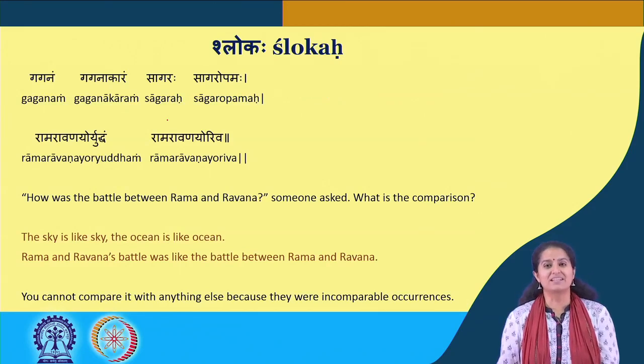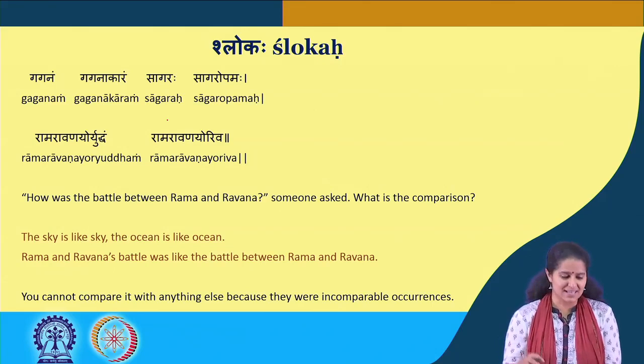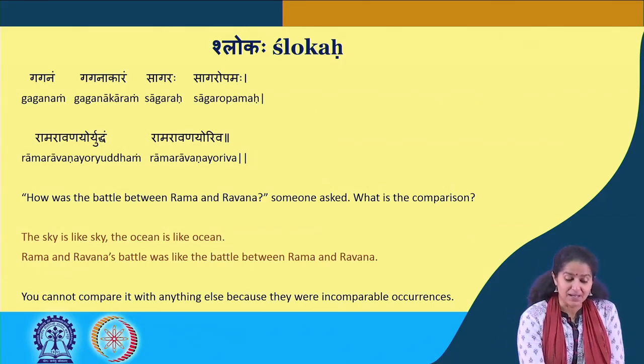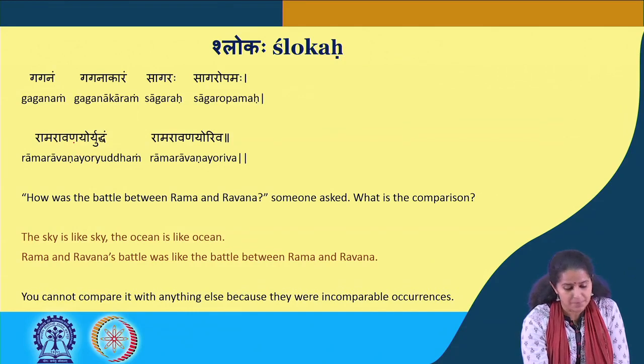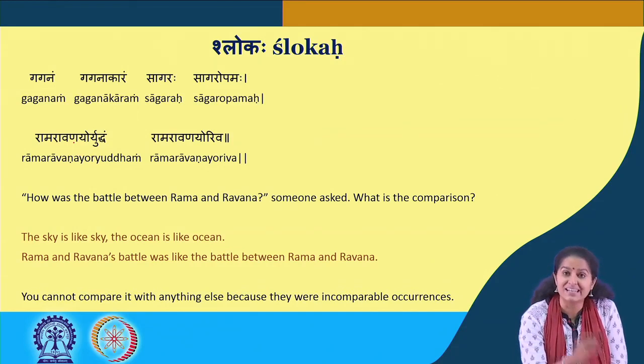So let's see an application of what we've learnt in a verse. This particular shloka is said to belong to the Ramayana, and it's very interesting because it says: gaganam gaganakaram sagaram sagaropamaha Rama Ravana yor yuddham Rama Ravana yoriva. First and foremost, let's do the grammar here. Gaganam gaganakaram, gagana akara.